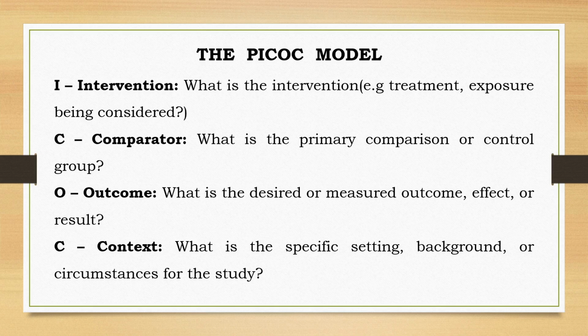What is the primary comparison or control group for the study? And the O stands for outcome, which is the desired measured outcome or effect or results of the study. The C stands for context. What is the specific setting, background, or circumstances for the study?